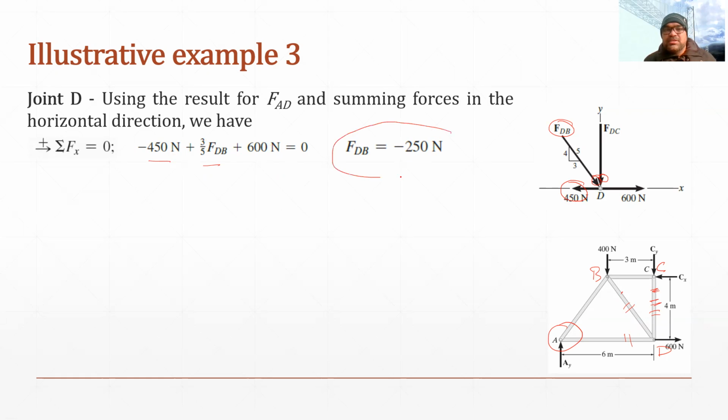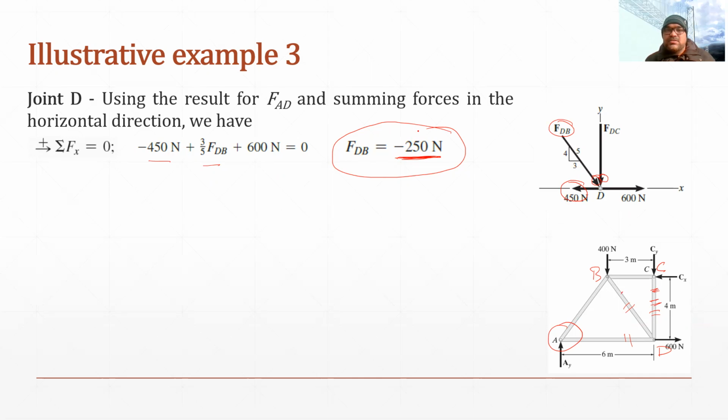There you can see the value of FDB is negative. What does it mean? It means that the assumption we have made, that member BD will be in compression, because of which we marked the sense of this arrow as pointing towards the joint, is wrong.